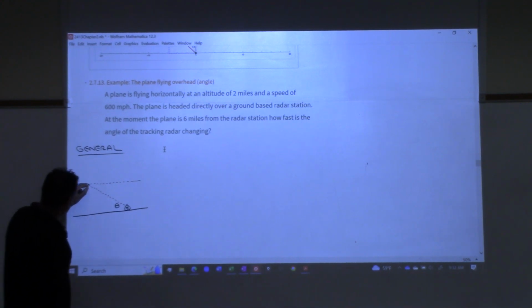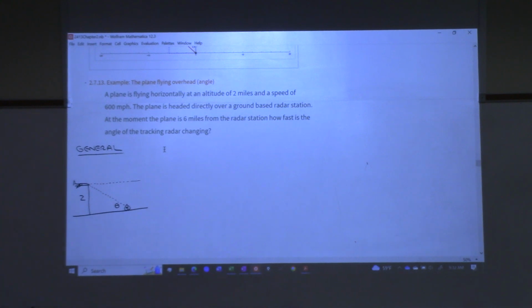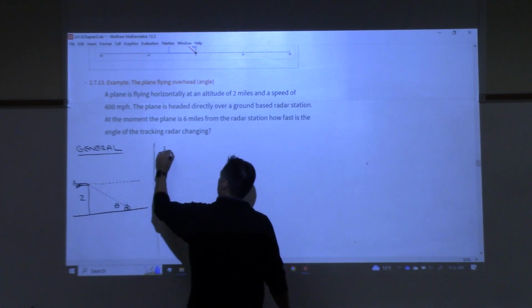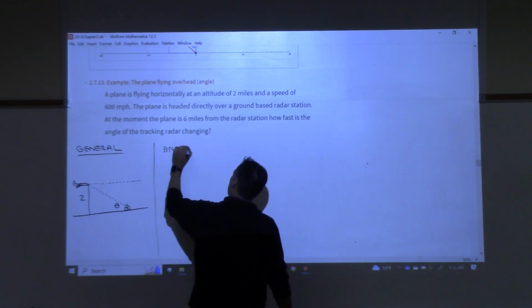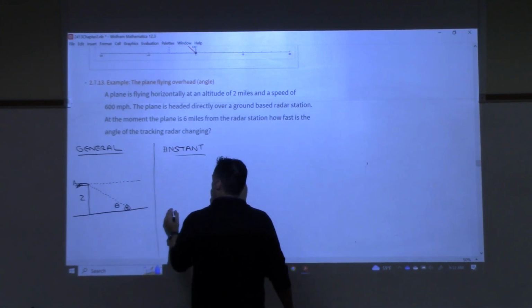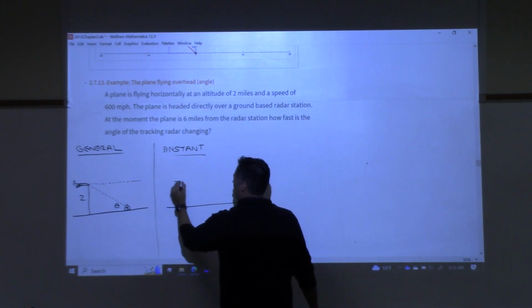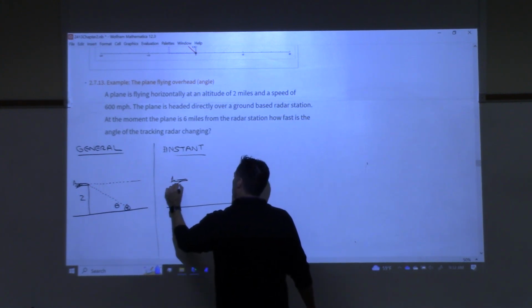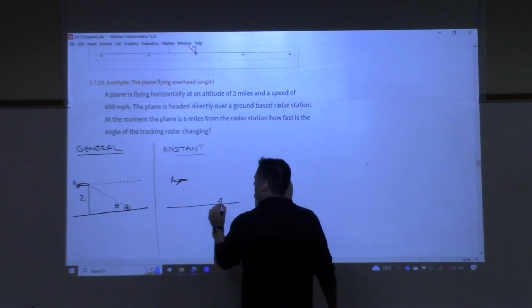Let's do that. Let's go from here down. Do you all agree that that's 2? I'm just kind of drawing things to give myself a reference. Let me get to the instant in time picture. It's the same picture, right? Got my plane. I've got my radar station on the ground here.